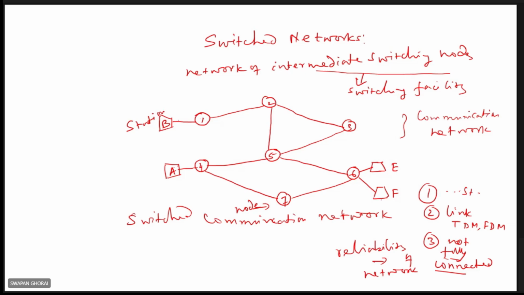For voice communications, the utilization may be a little high, though it is not 100%. But if a computer is connected to a terminal, then the capacity may be idle most of the time. That is the drawback of circuit switched networks, because of these dedicated connections.